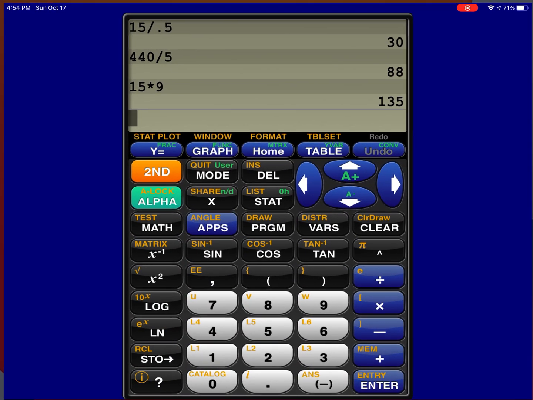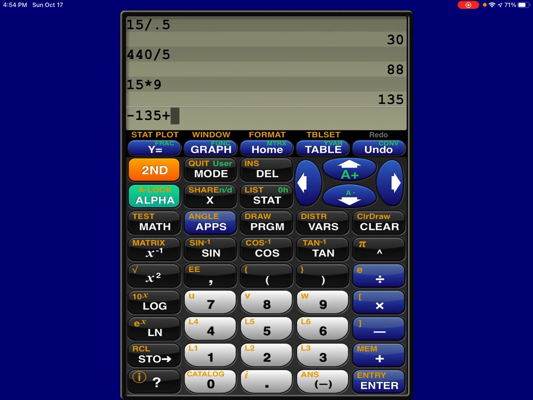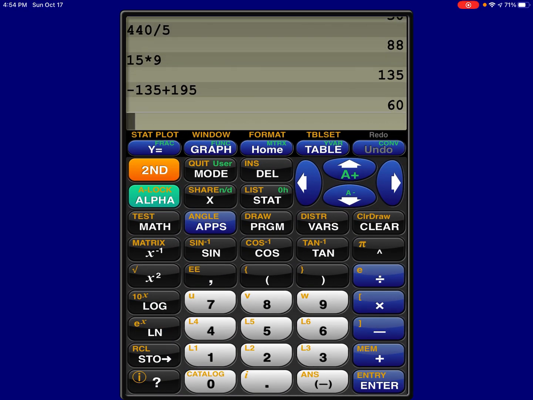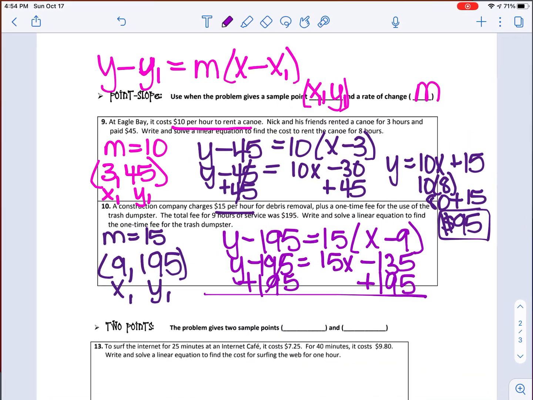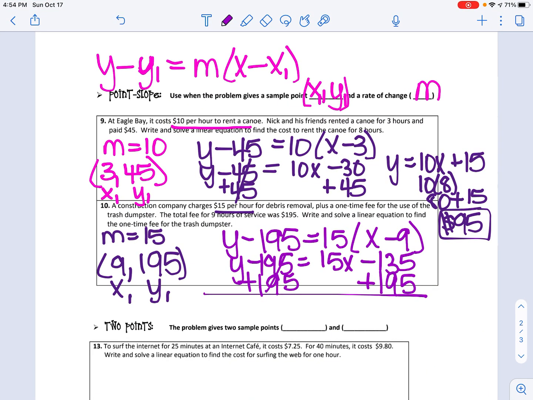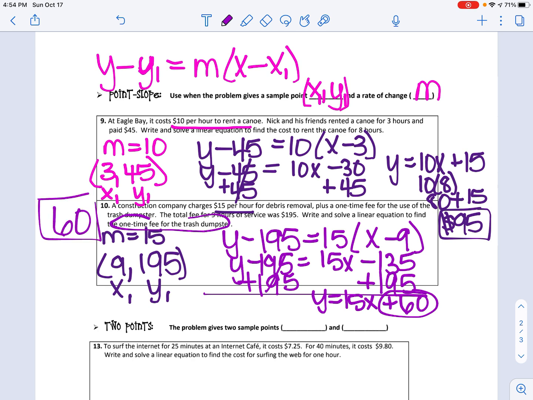So negative 135 plus 195 is $60. So my equation is y equals 15x plus 60. And 60 would be the one-time fee for the trash dumpster because it's $15 an hour plus $60. So 60 is the one-time fee that I'm having to pay.